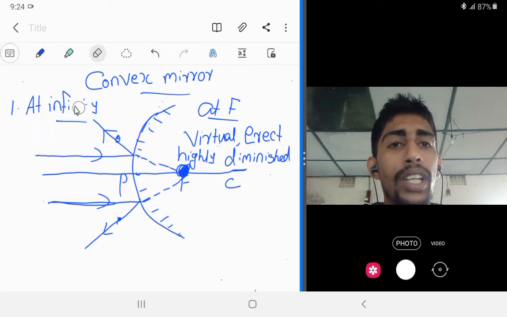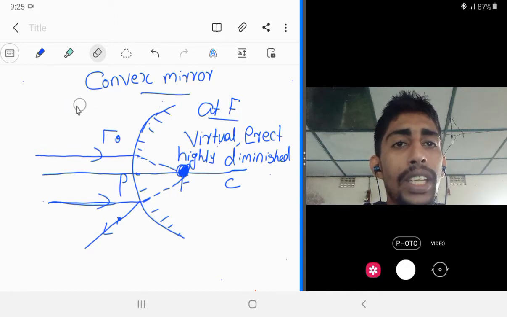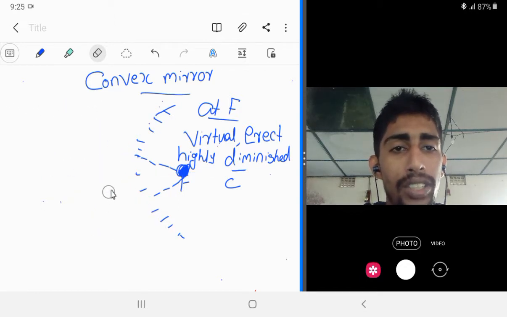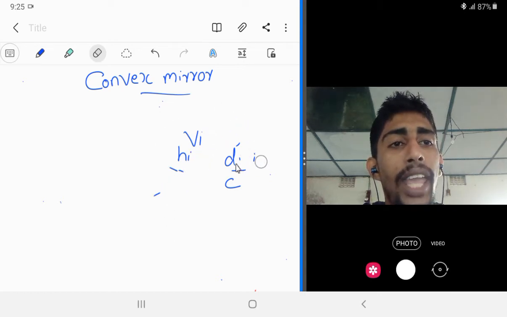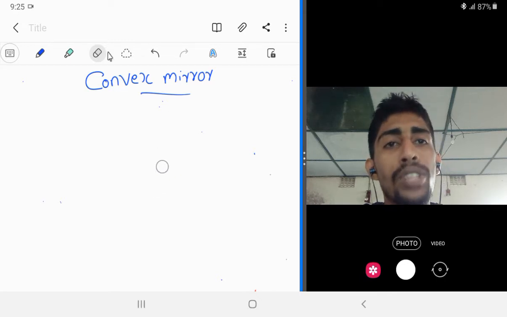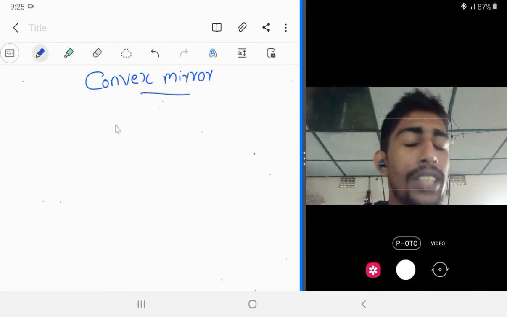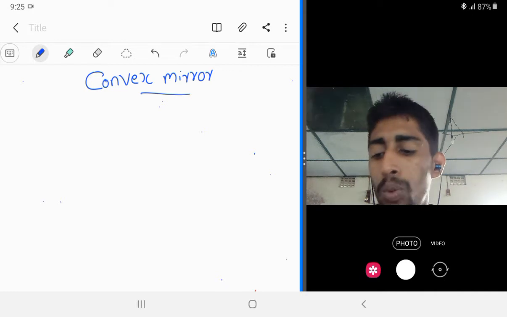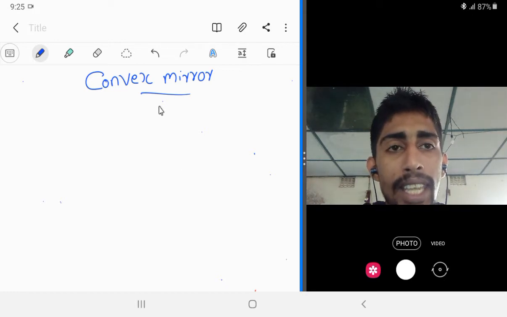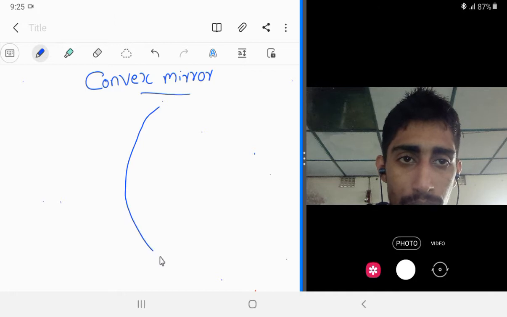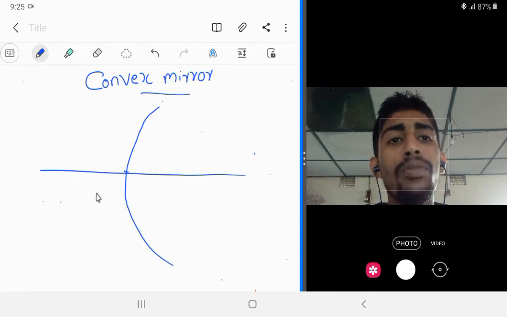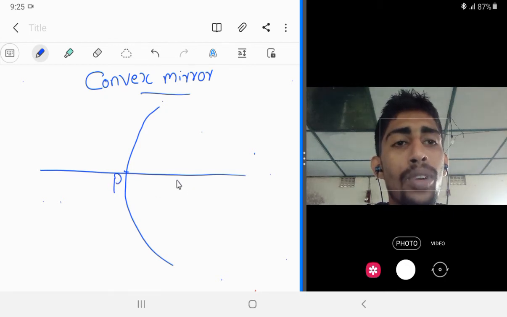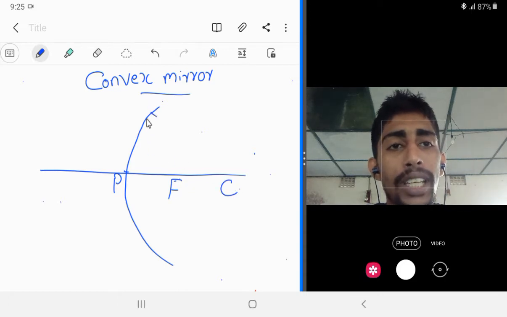So next, if you keep the object at any point in front of the convex mirror, we will get the same kind of image. Suppose you keep the object at the center of curvature or at any point, we will get the same image. We are just going to draw it: principal focus, pole, principal focus and center of curvature.